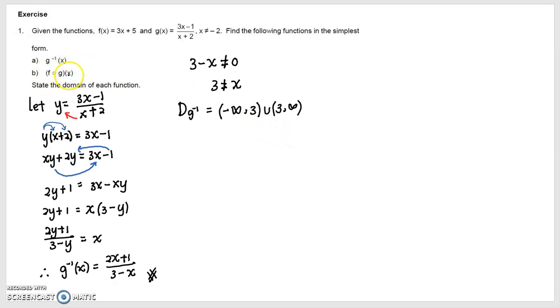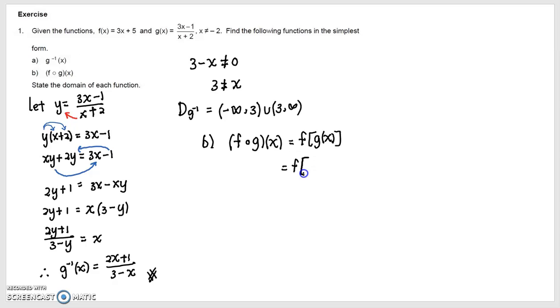Next, we will try to find the composite function. Let's say question B, composite function. So from here, I can change to f in the bracket g(x). Means that we try to substitute g(x) into the function of f. So what is our g(x)?